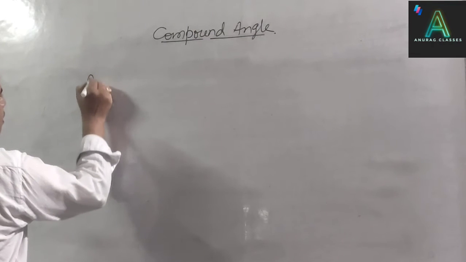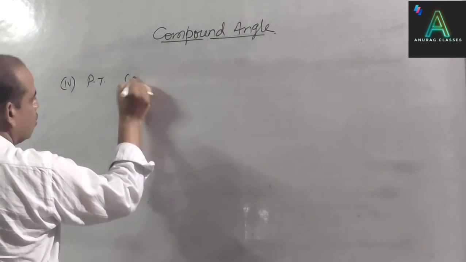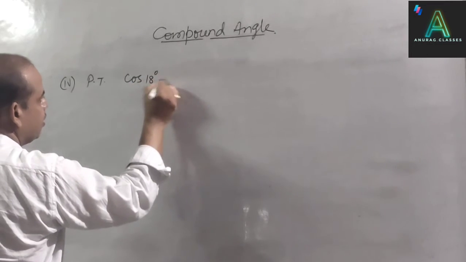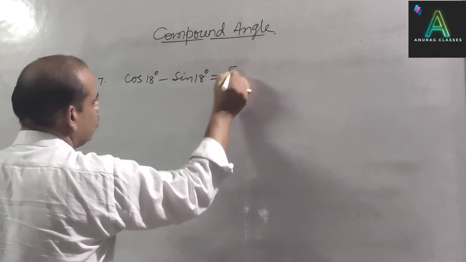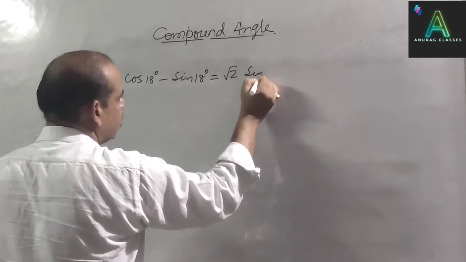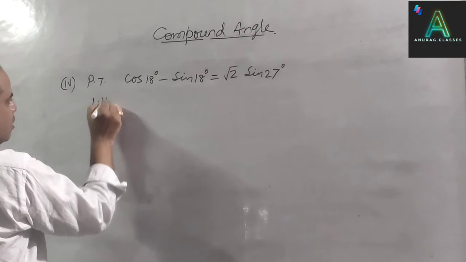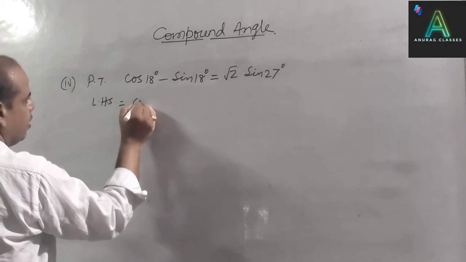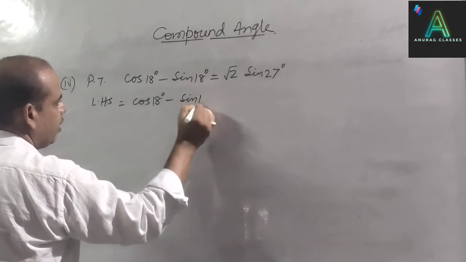Prove that cos 18 degree minus sin 18 degree is equal to root 2 sin 27 degree. See the LHS. It is cos 18 degree minus sin 18 degree.